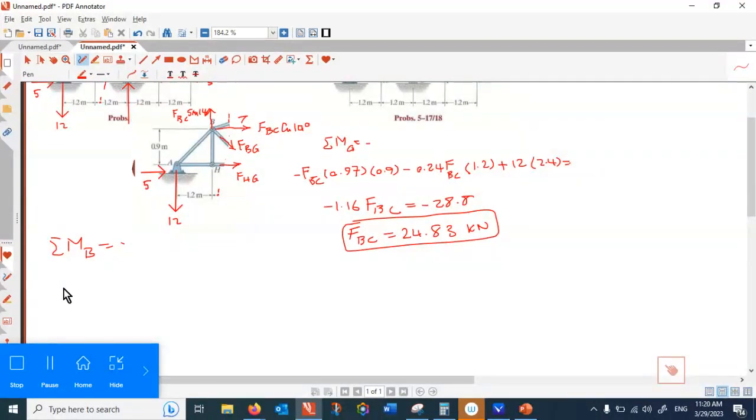FHG makes a positive rotation, that is plus FHG, and the arm of rotation is 0.9. And then 12 is making a positive rotation, plus 12, and the arm of rotation is 1.2. 5 makes a positive rotation, and the arm of rotation is 0.9.